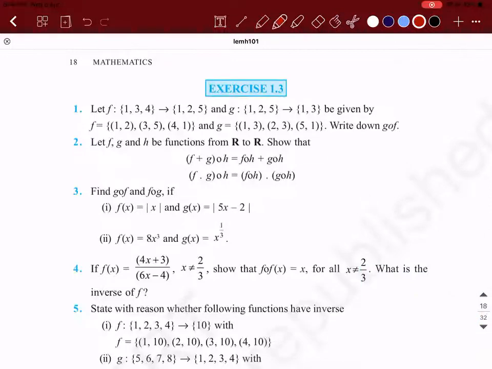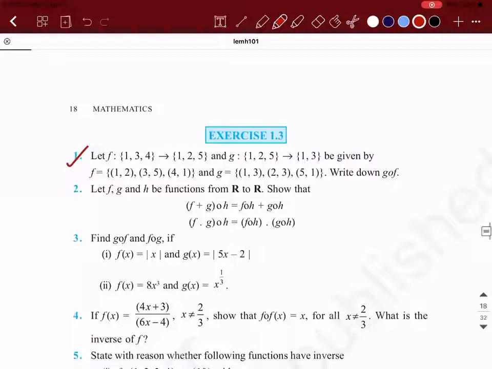So listen to this. First, f is a function mapped from {1, 3, 4} to {1, 2, 5} and g is a function mapped from {1, 2, 5} to {1, 3}. It is given that f = {(1,2), (3,5), (4,1)} and g = {(1,3), (2,3), (5,1)}. Write down g circle f. So how to write?